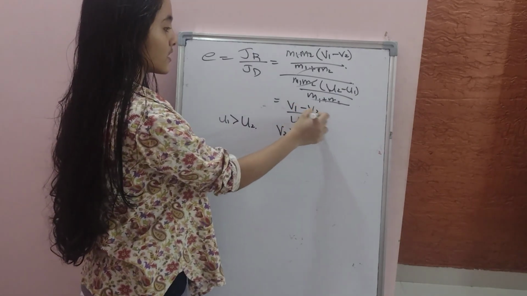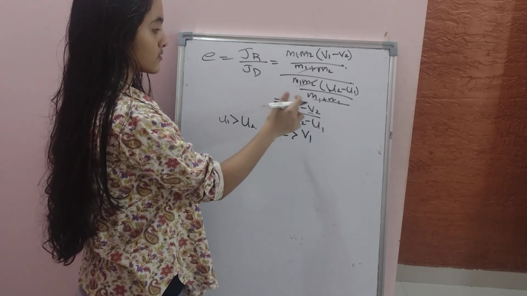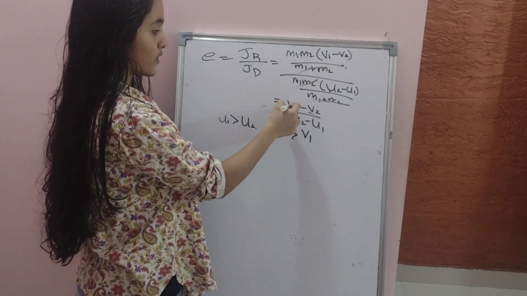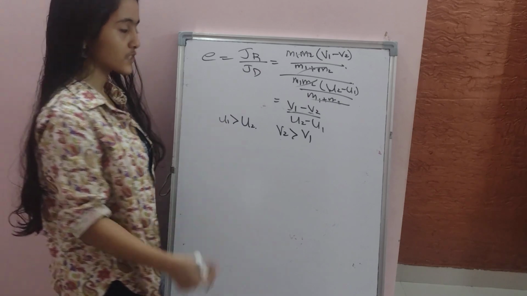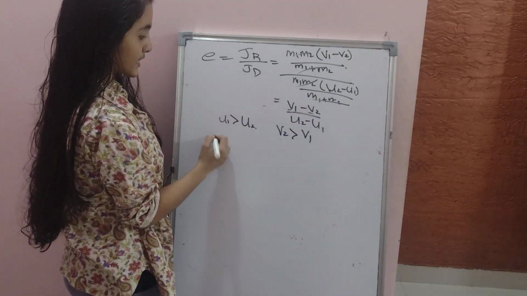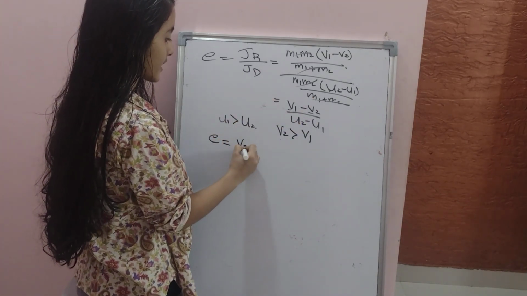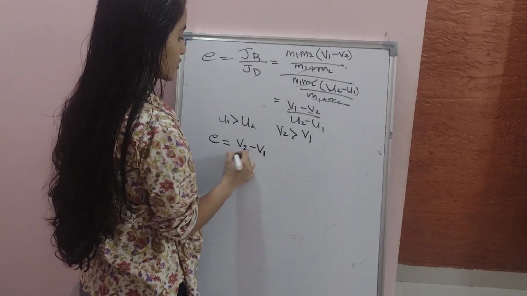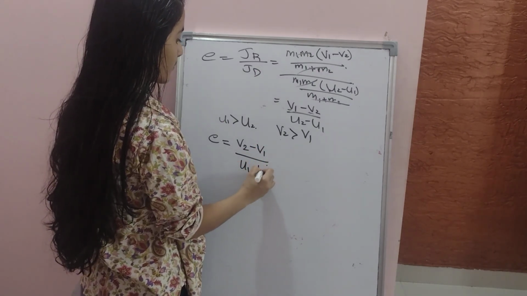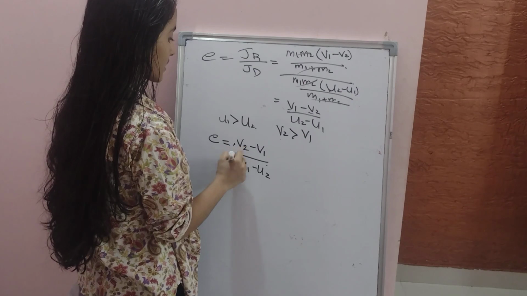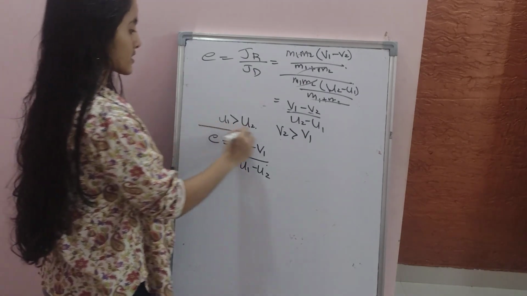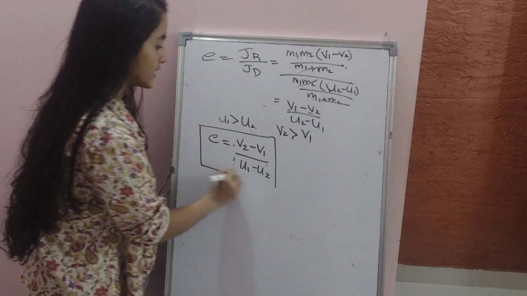Because here we are removing a larger quantity from a smaller quantity. So actually we can take a negative out. If you take a negative out, it becomes V2 minus V1 by U1 minus U2. The two negatives are cancelled. So this is the equation of coefficient of restitution E.